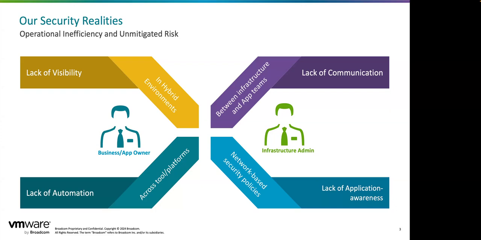And finally, a lack of application awareness because of network-based security policies. Back in the day, applications were built on networks that were fairly static, and that was okay. It served the purpose. But as the applications have evolved, so too have the networks, so too have the security tools. And now we're dealing with environments that are much more dynamic in nature.